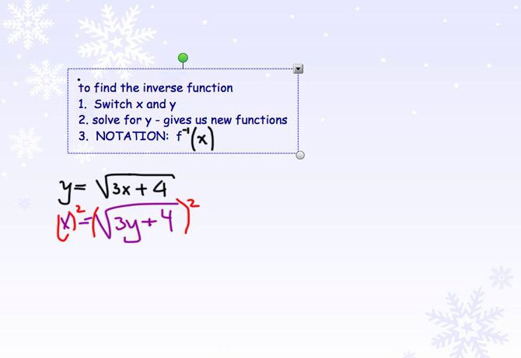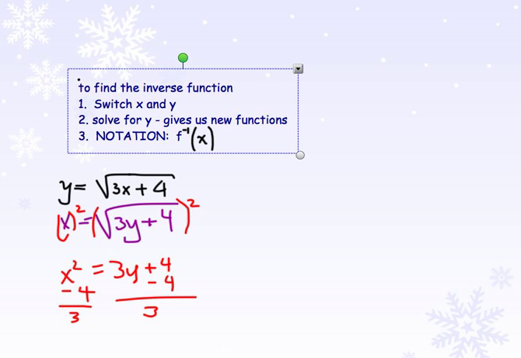Right? And then what I'm going to get is x squared is equal to 3y plus 4. And then I'm going to subtract 4. Again, PEMDAS backward here. Once I'm done with subtracting 4, I will divide everything by 3.